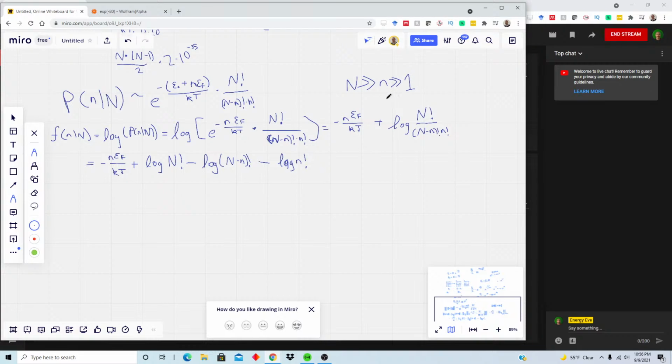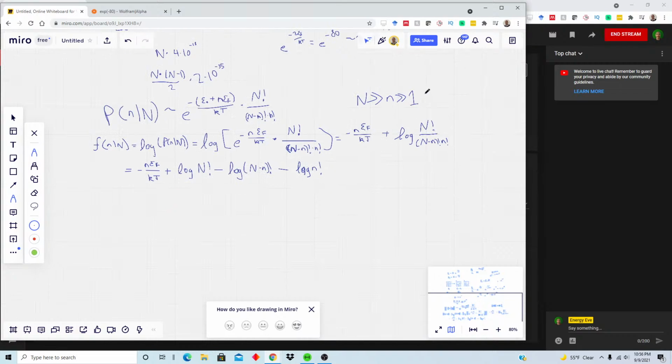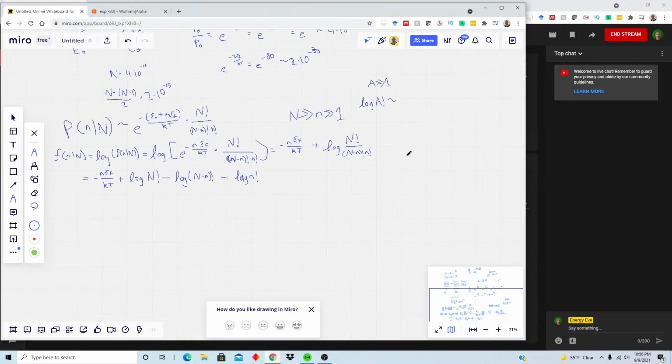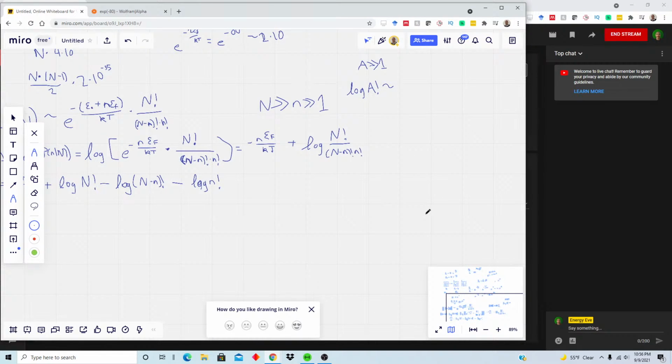And so given this, we can actually use Stirling's approximation, which is that if you have a very large number, say log of a factorial, assuming a is very large, then the approximation is that you end up getting a log a minus a. So this is the approximation.